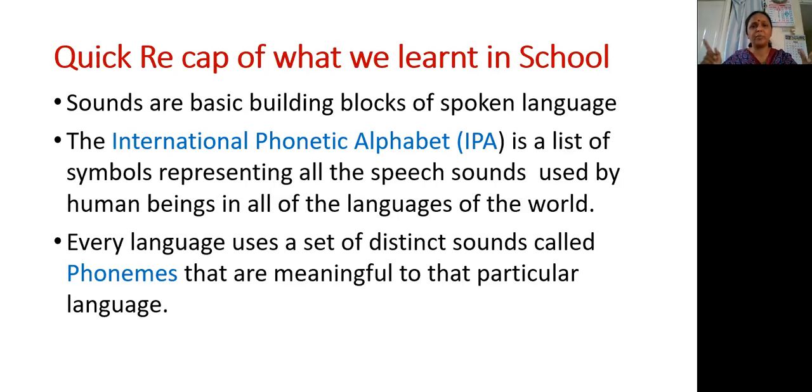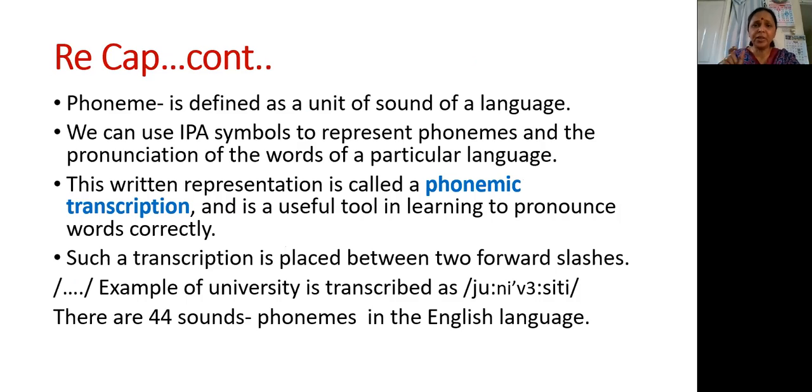So this is a common alphabet that we have. And every language uses a set of distinct sounds called phonemes that are meaningful to that particular language. Now, what is a phoneme? It is a unit of sound of a particular language. And we can use IPA symbols to represent phonemes and the pronunciation of the words of a particular language.